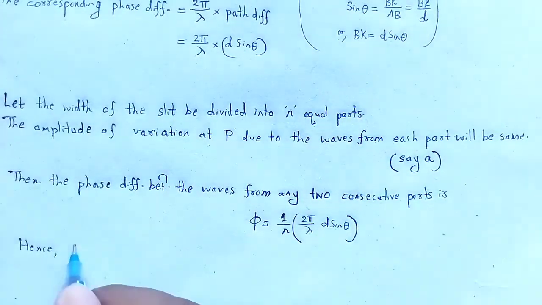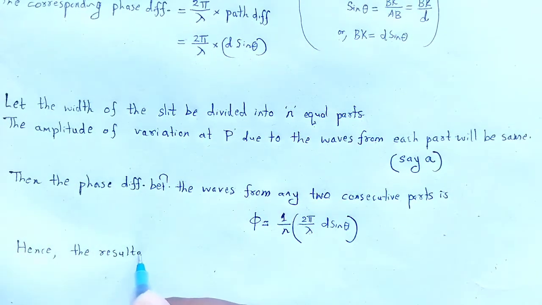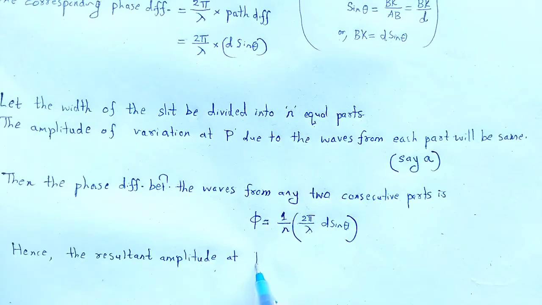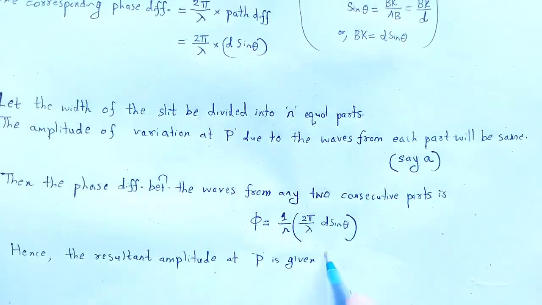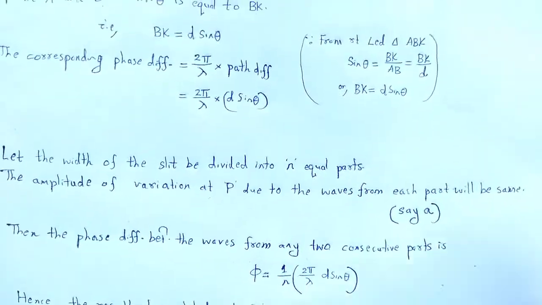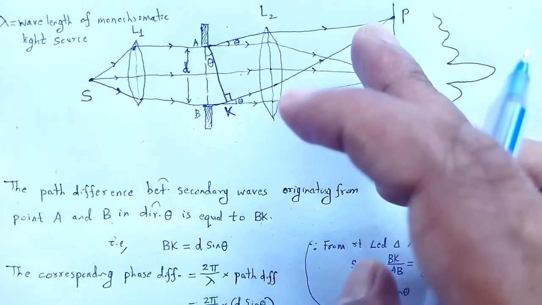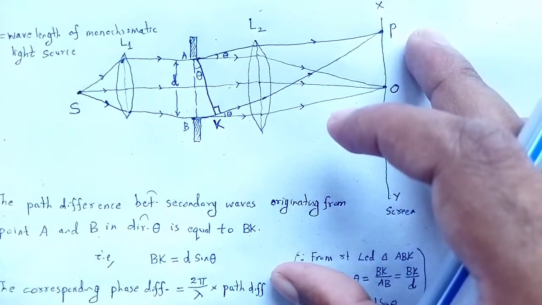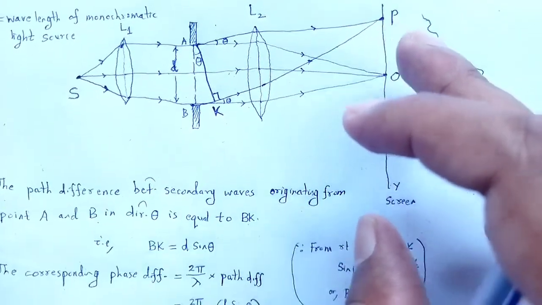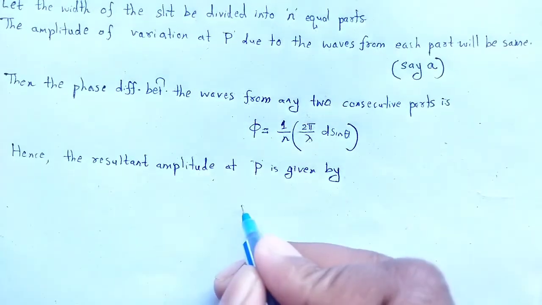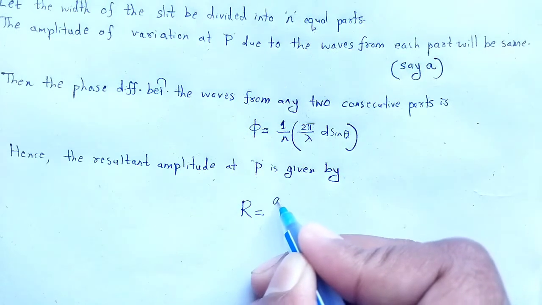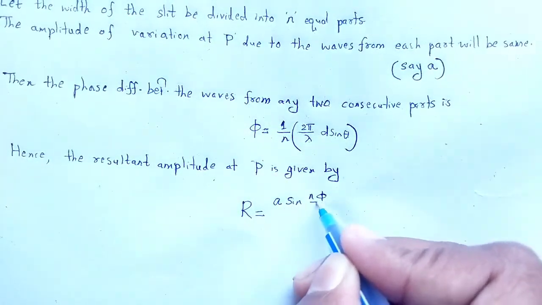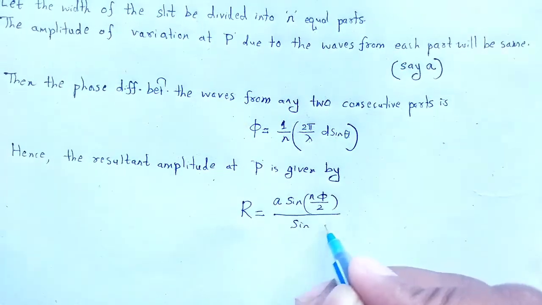Hence, the resultant amplitude at P is given by: we know if a number of simple harmonic oscillations act together, the resultant amplitude can be calculated by the formula R is equal to, each wave having amplitude A, sine of n phi by 2 divided by sine phi by 2.